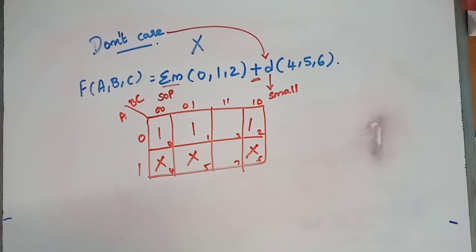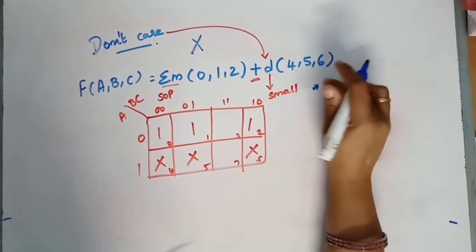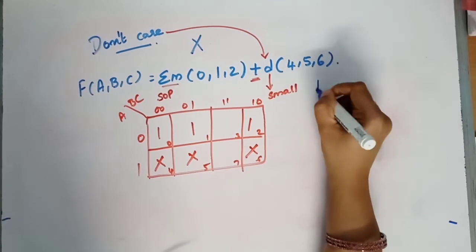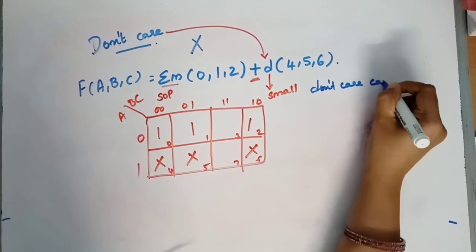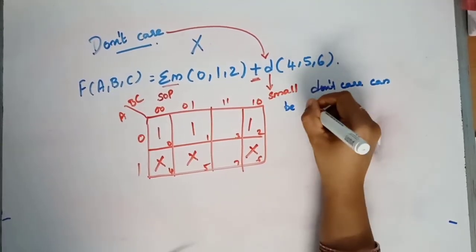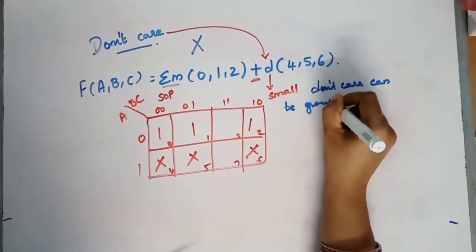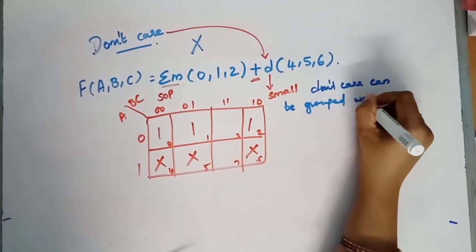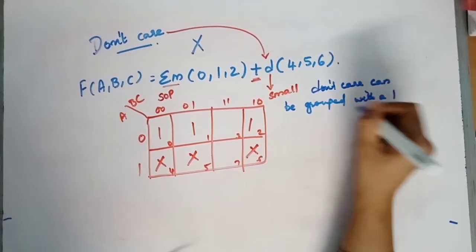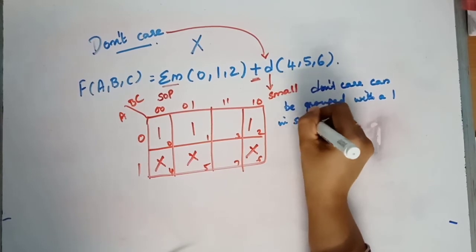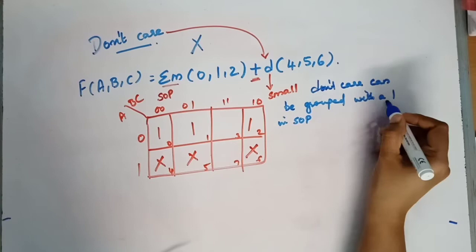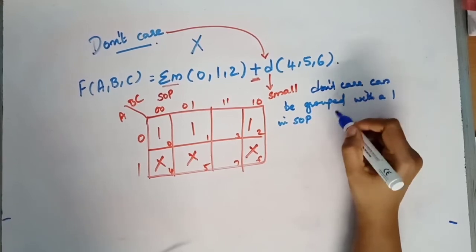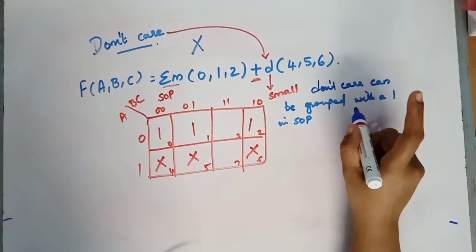Now the rule is a don't care can be grouped with a 1 in SOP, and if it is grouped with a 1, then that means that the don't care is treated as a 1.